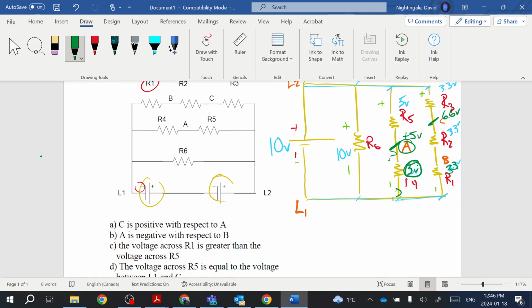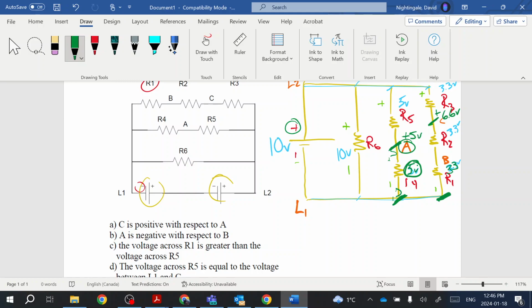And that's going to be more positive than our starting reference point right here. So we went from our starting reference point over to this point here. So that's going to be more positive because it's closer to the positive source.